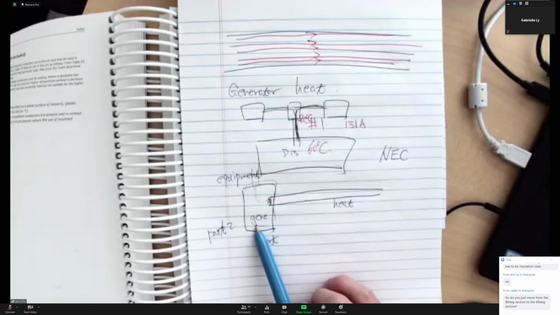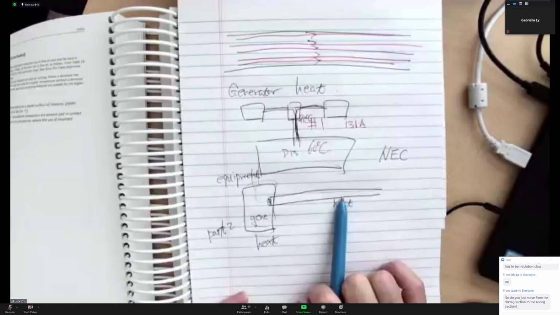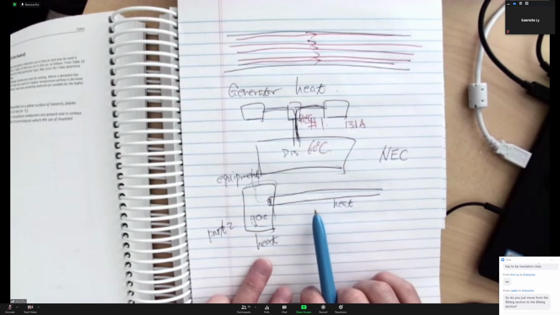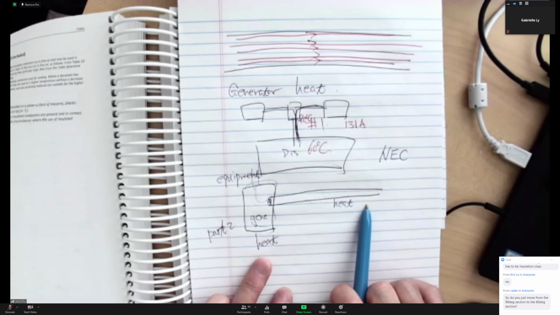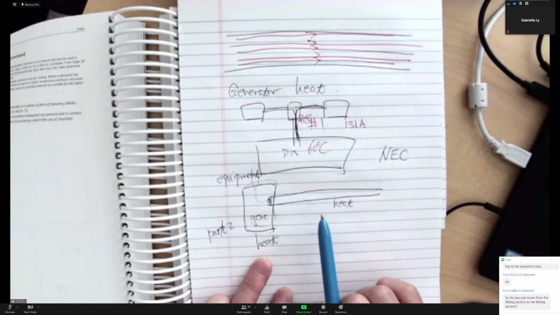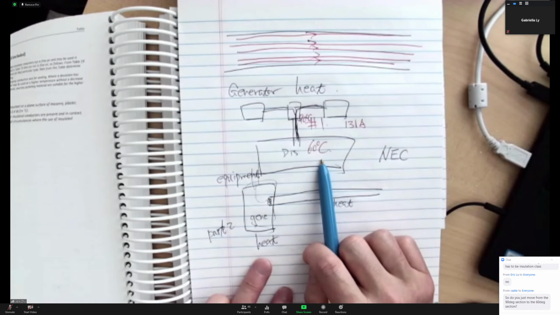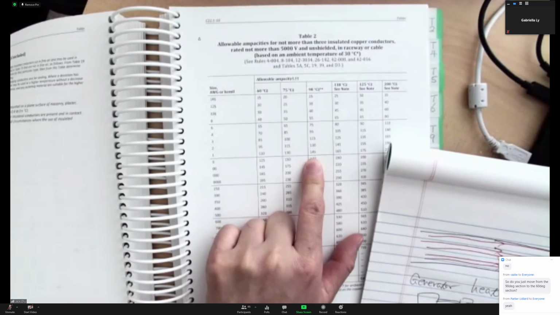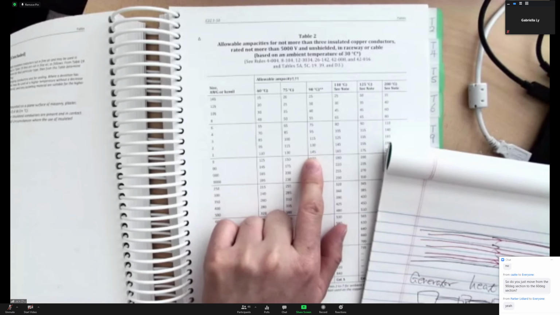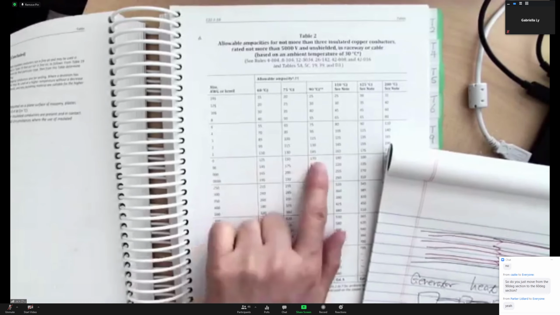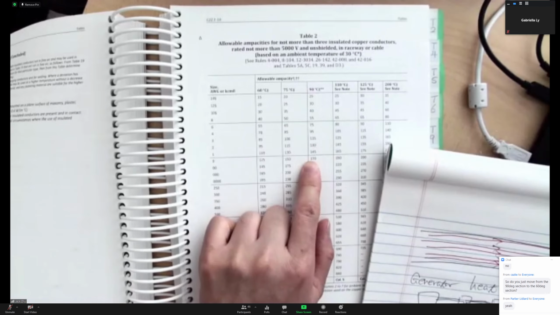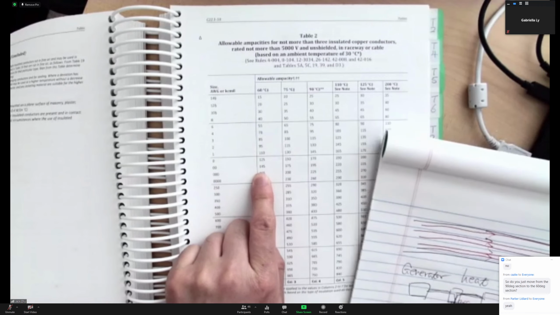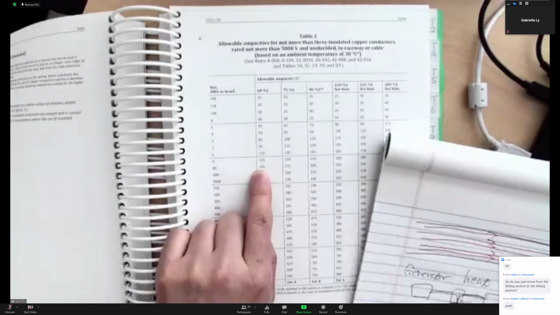So they said, okay, wherever your conductor is here, if the equipment is rated for 60 degrees, then when the conductor carries the current, you cannot generate a temperature higher than 60 degrees. So if we're using this number 1 conductor to carry that 131 or 132 amps, for sure you're going to generate a temperature higher than 90 degrees. So you're going to go to the 60-degree column to pick a conductor to carry that current, not going to have a temperature higher than 60 degrees.